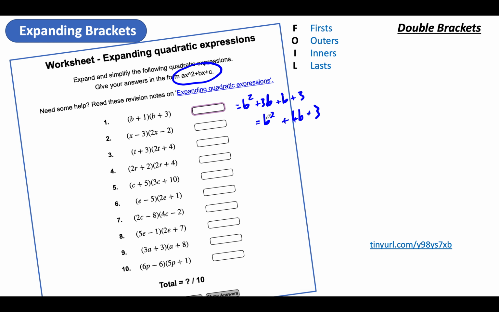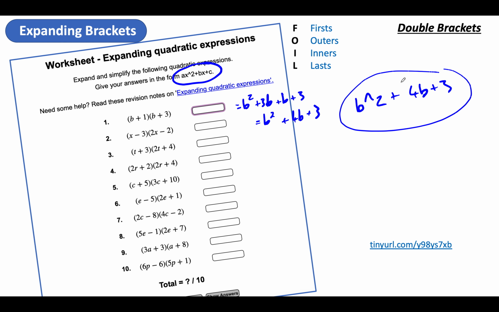In this case, it's just 1, so I don't need to put 1x or 1b. So I would type in b hat symbol 2, and that is like b squared. And then whatever's in front of the other letters, you put them in. So in this case, 4b just plus 3, right? So just for the squared term, you need to put the hat and the 2. That's what you'd need to type in for b squared, is b hat 2.